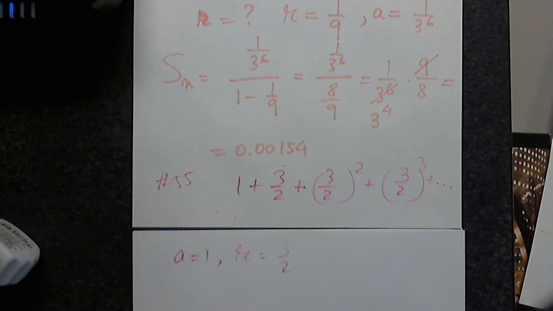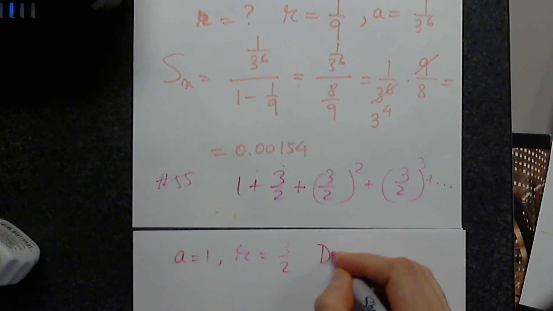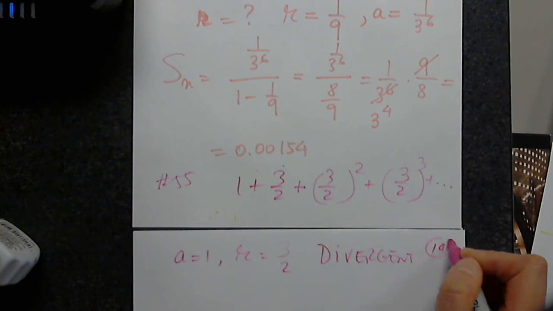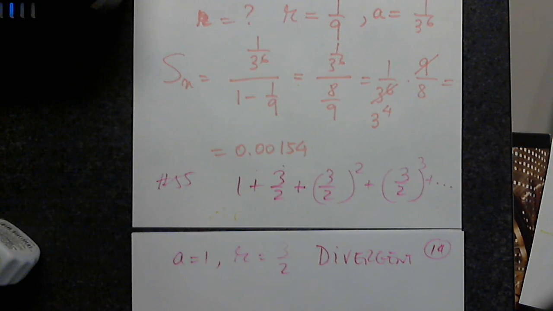Is the infinite geometric series convergent or divergent? Divergent. Divergent because the common ratio is not in absolute value less than 1. Any questions?